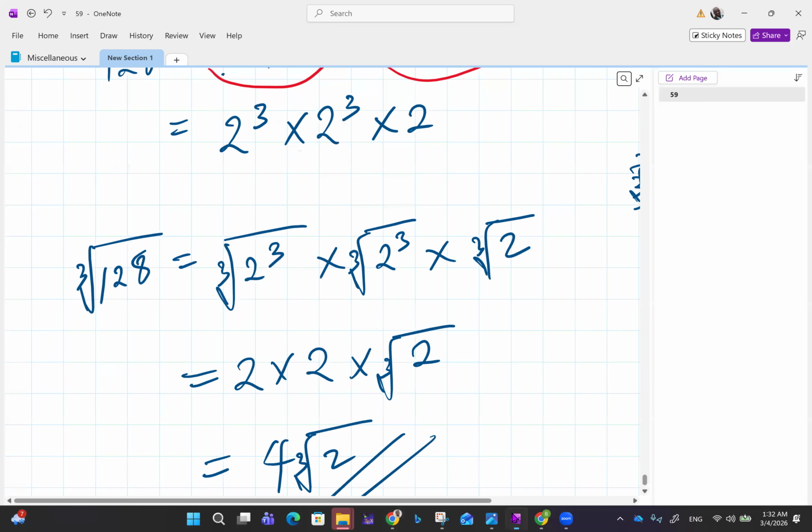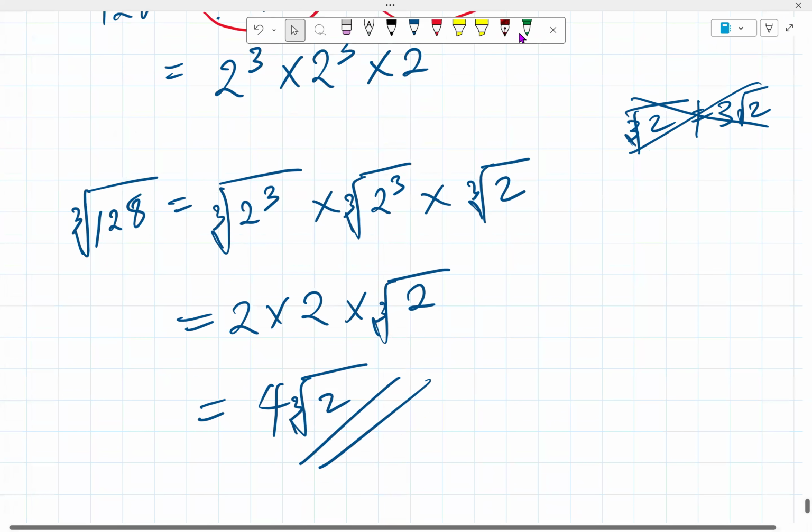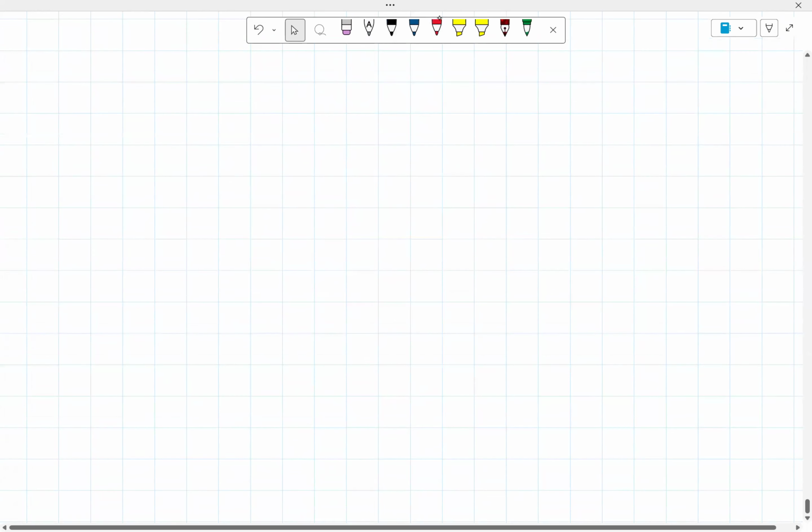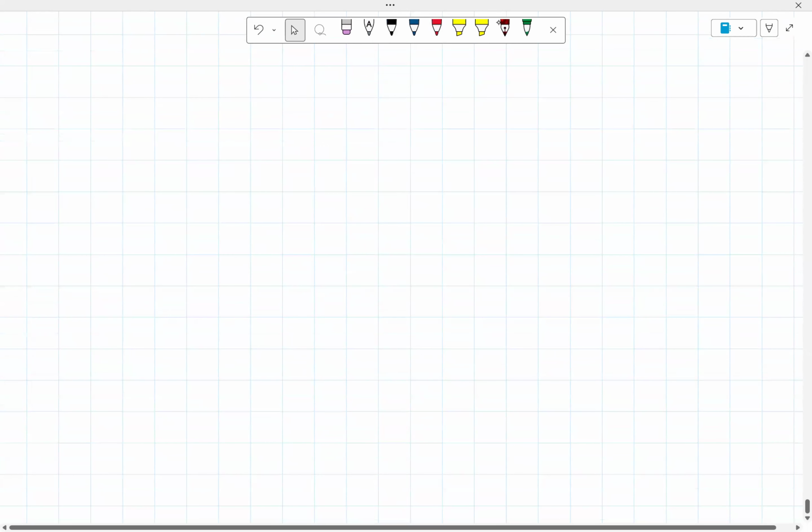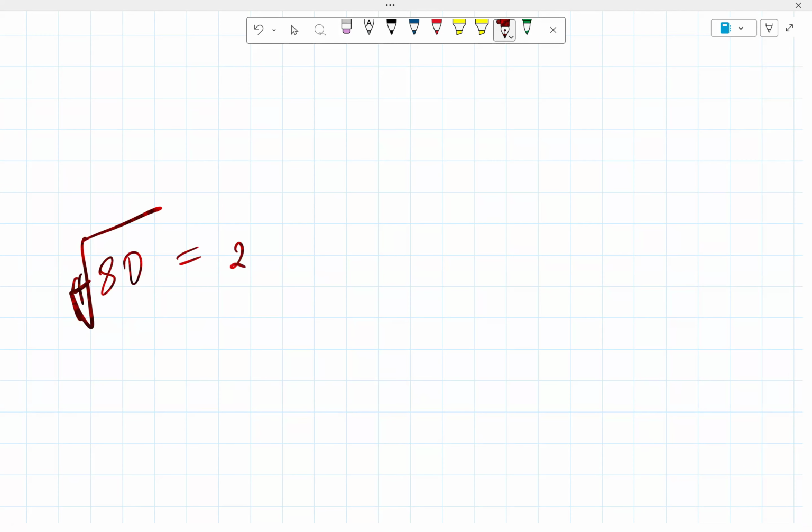So if I go over there and do this, fourth root of 80. We know 80 is 16 times 5, so that is 2 times 2 times 2 times 2, that's 16, times 5. And that is 2 raised to power 4 times 5.